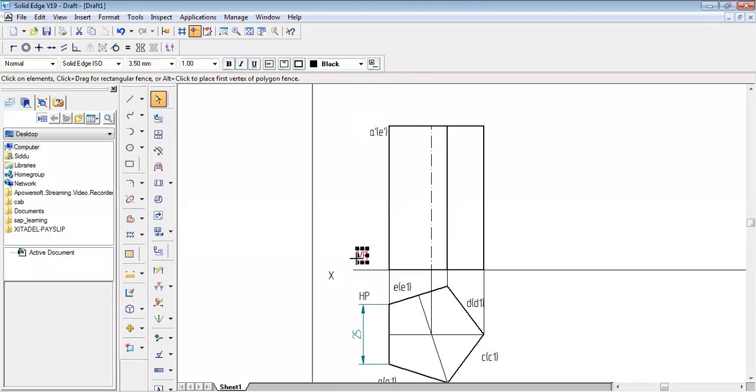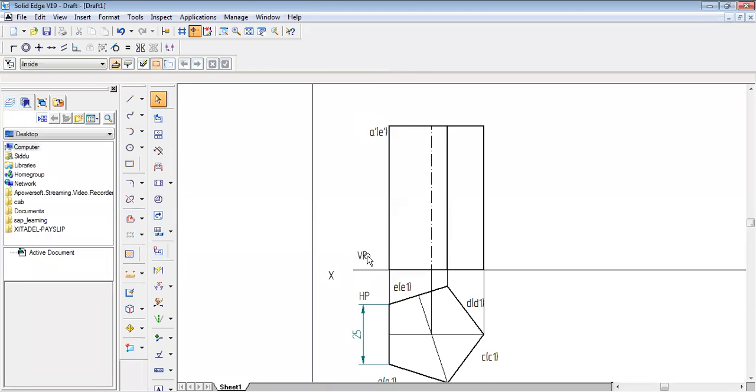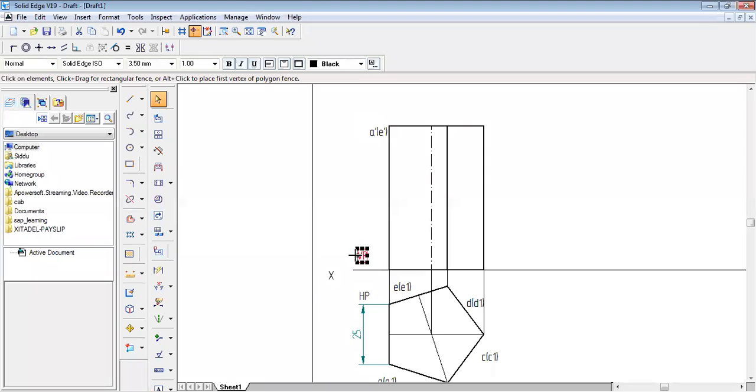One second, just give me a second. We'll further move on to this side. So this is going to be A1 dash of E1 dash.